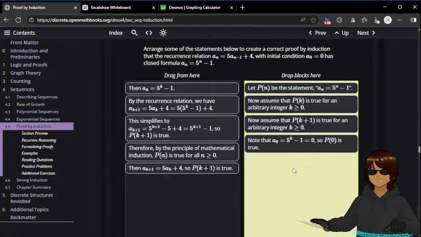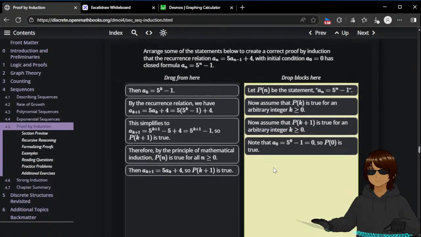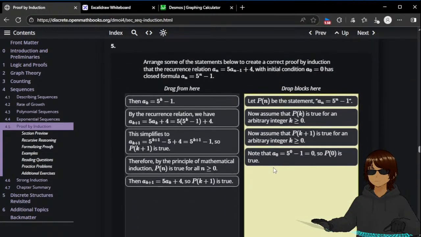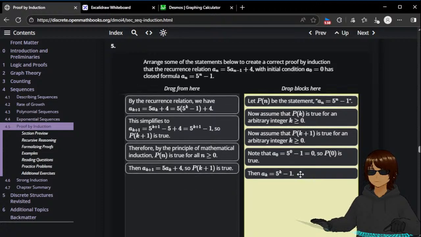We note this is 0. So P0 is true. Then we do this by the recurrence relation we have.